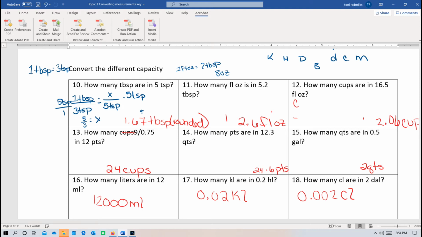So because I don't know fluid ounces, that's what I want to put on top. And I do know 5.2 tablespoons. I don't know how many fluid ounces that will be.